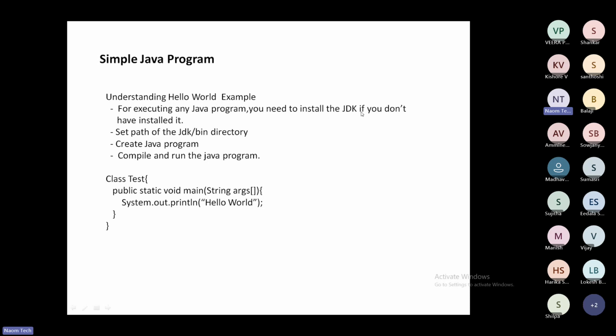That is very important. So once you install Java, usually we need to set a path for this JDK bin environment. But that is not needed when you are using Eclipse. This is needed when you are executing using Notepad. If it is Eclipse, Eclipse will automatically pick that JDK or JRE environment, and we can execute it without any issues.